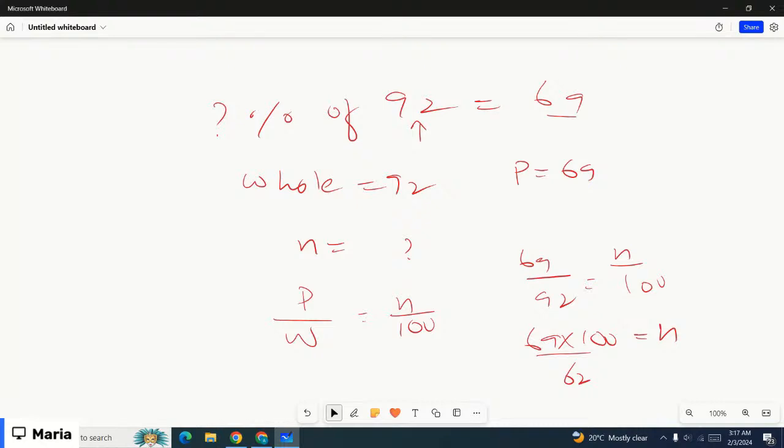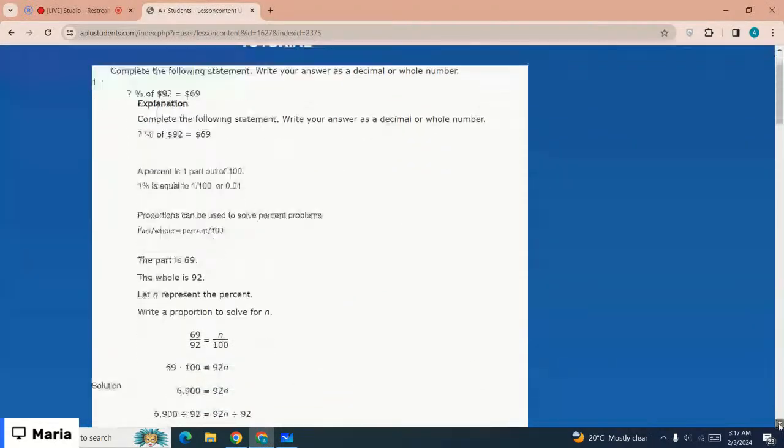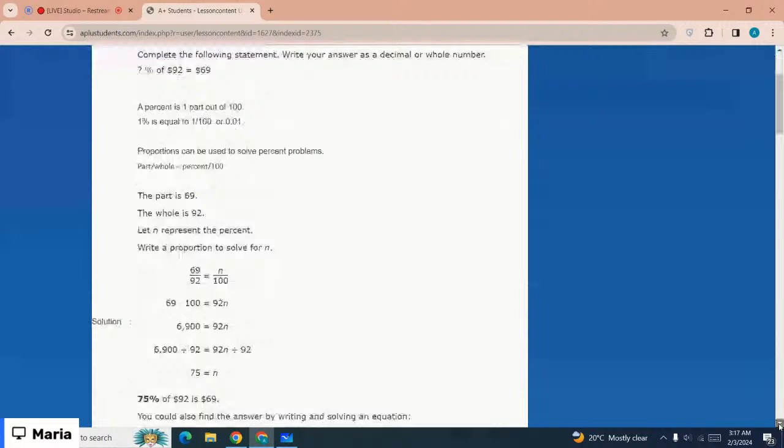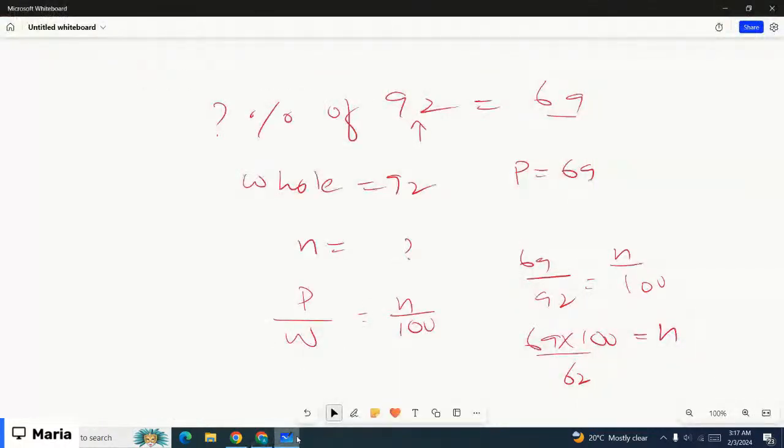Let's see which is the answer. 6900 divided by... hold on, 6900 divided by 62.